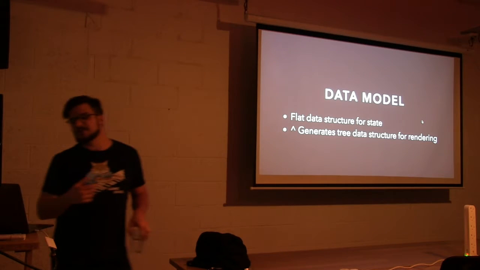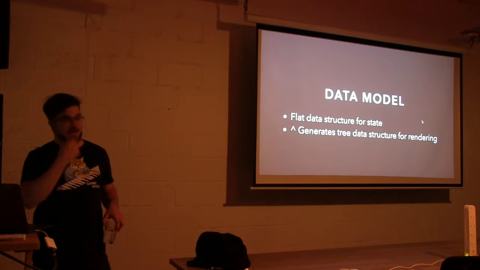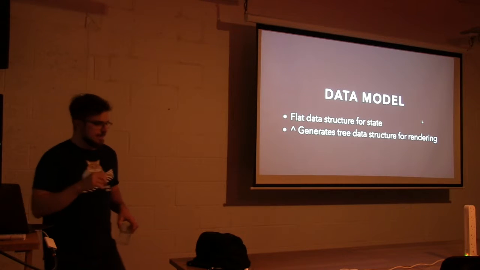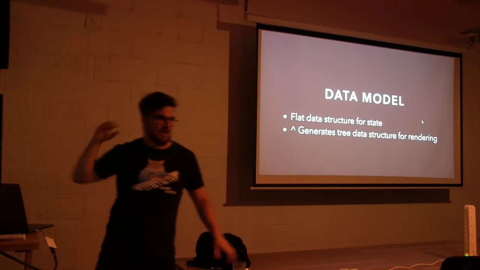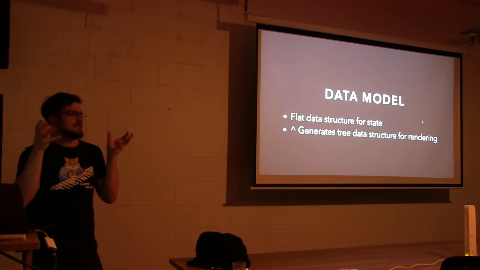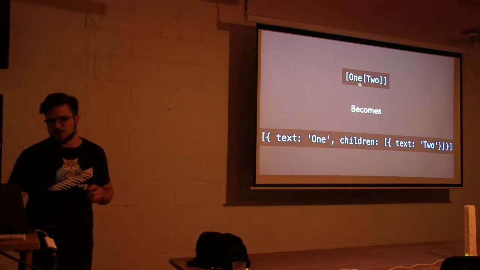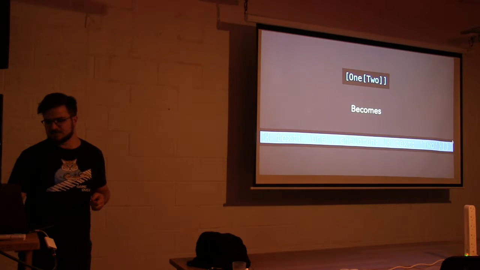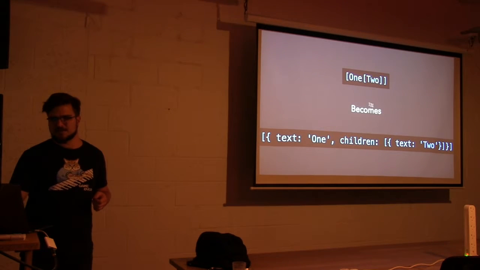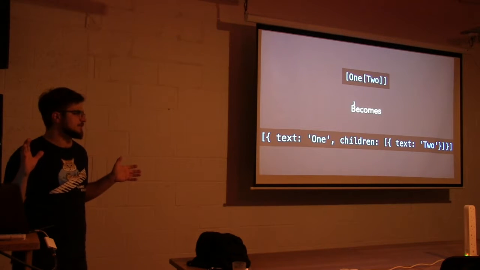You still need your tree structure to render the document, but that's a separate step. So you never need to think about the tree structure when you update content. So something like this becomes something like this. Does that make sense? Does anyone have any questions?